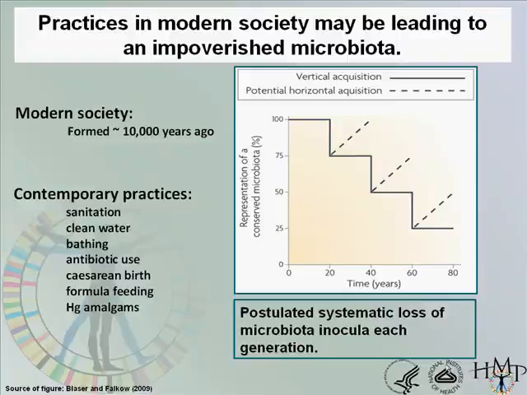So you can see community dynamic changes, and if that community is then passed from generation to generation, it's not that that disappearing microbe can't ever come back. It's just that as you pass that along, you've lost it out of your inoculum as you move through. So that's the theory behind that.